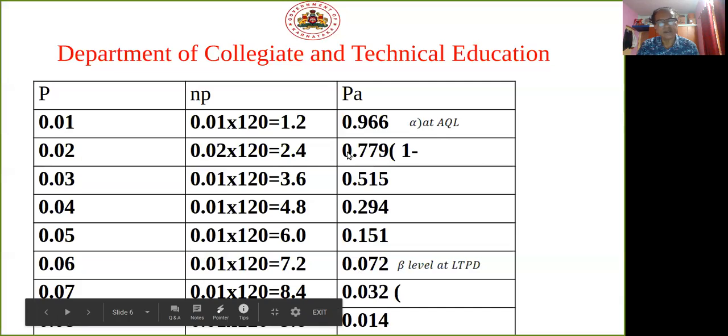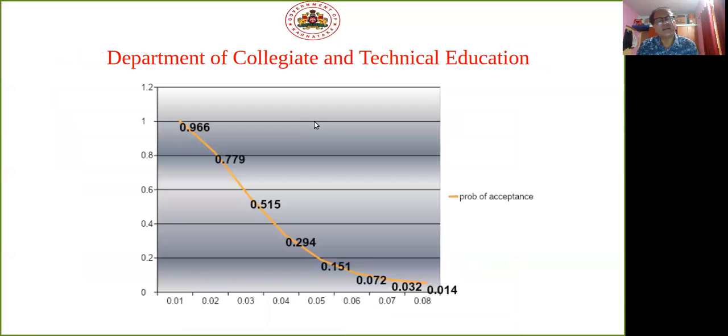Then for 7%, 0.07, here it is, 0.032 is the LTPD. So the LTPD is 0.032. After fixing these values, when you construct the curve, you get the OC curve.